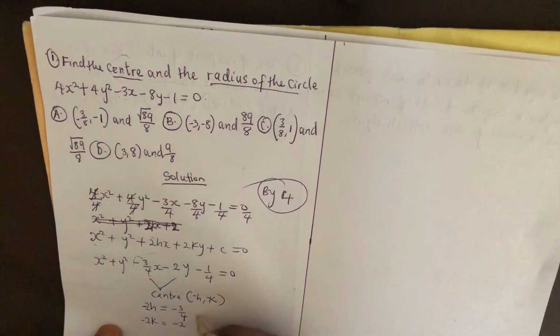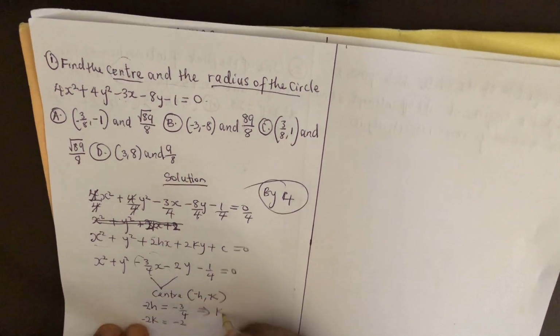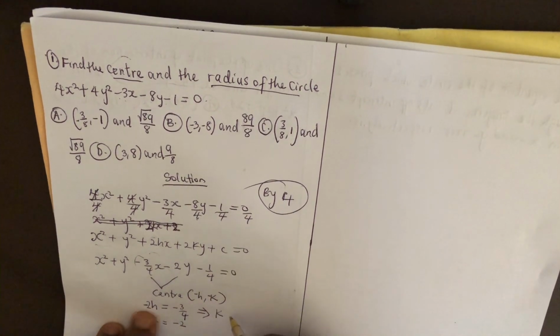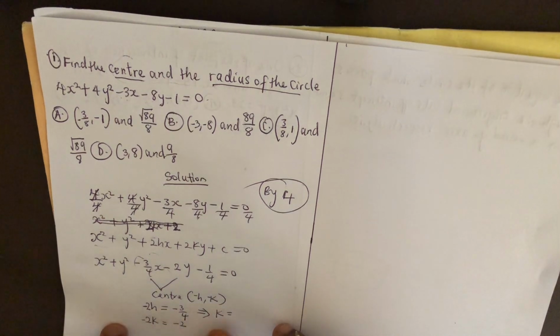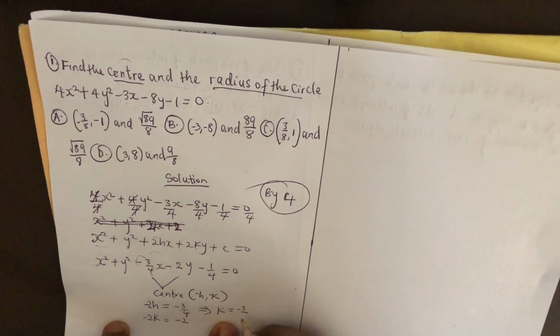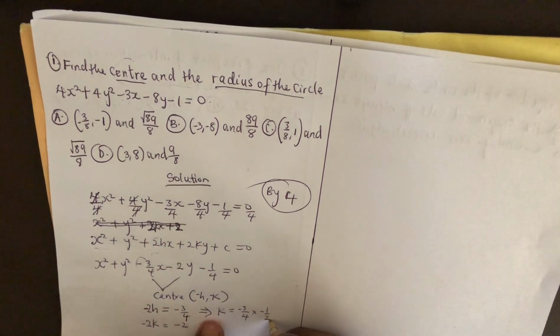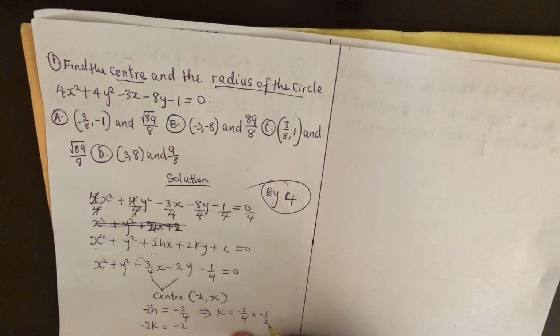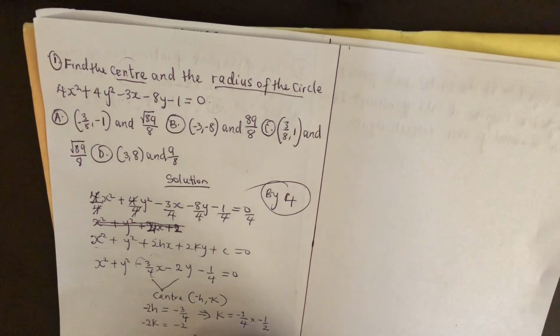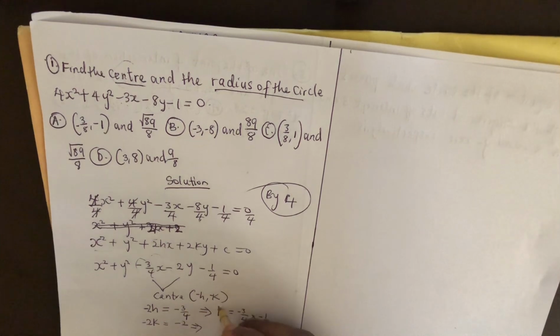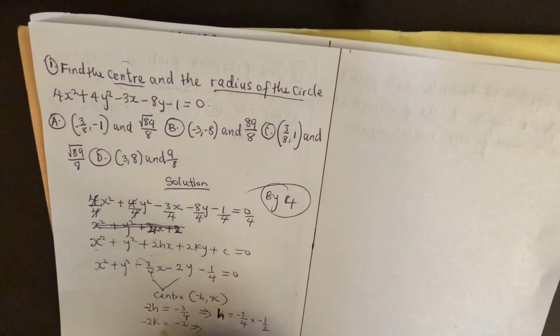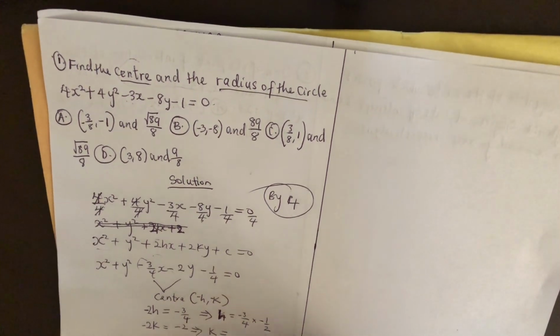You see what I'm doing? From here I can get my k by dividing both sides by minus 2, thereby multiplying this side by minus 1 over 2. If I divide both sides by minus 2, it's the same thing as multiplying by minus 1 over 2. Same thing for h. Then for k, I'll do likewise.